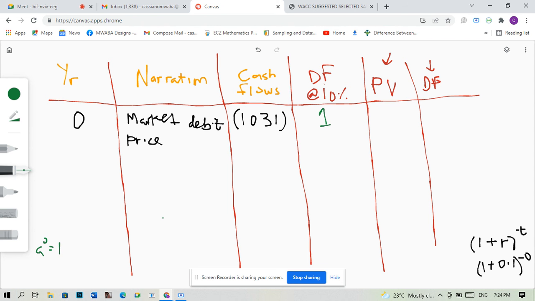So our present value is -1031 times 1. Remember, it's in brackets, so it's negative. We get negative 1031.